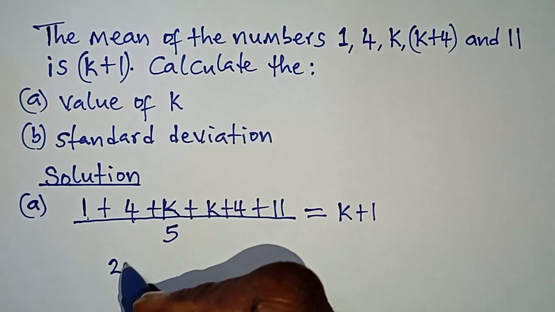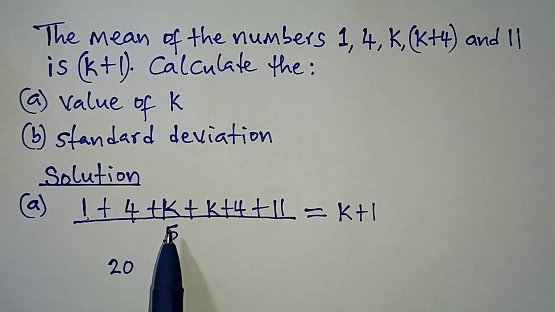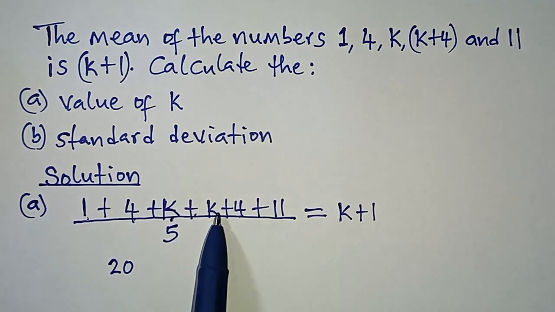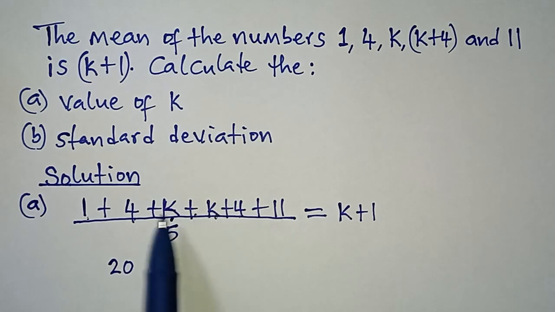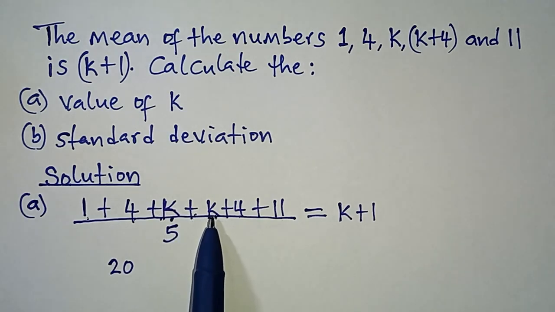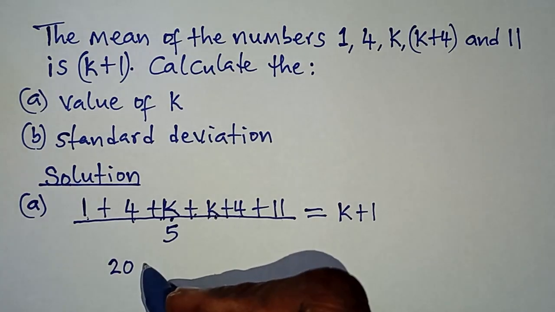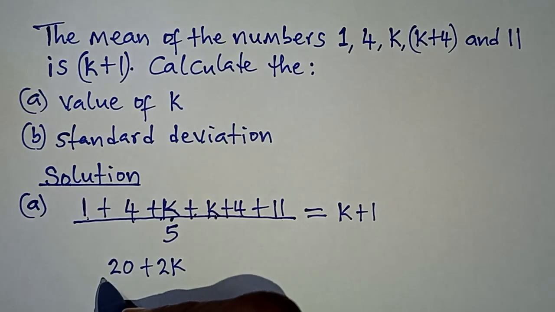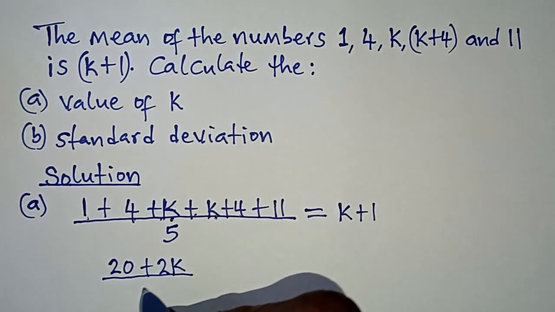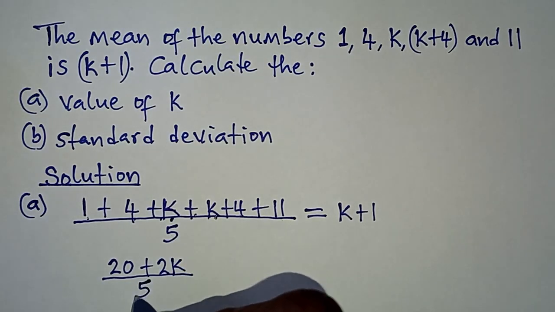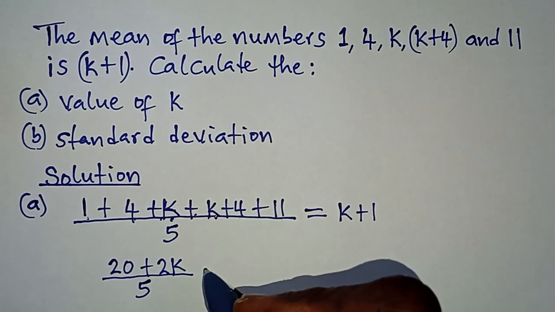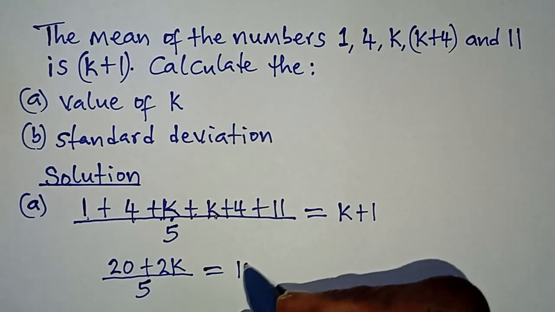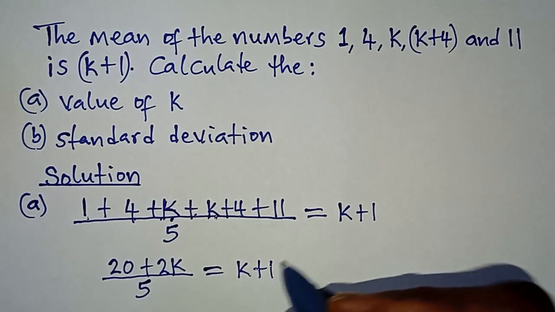Then we have k plus k, which is 2k. This is 1k and this is another 1k, so 1k plus 1k gives us 2k. So we have plus 2k, all divided by the denominator there, which is 5, and everything should be equal to k plus 1.